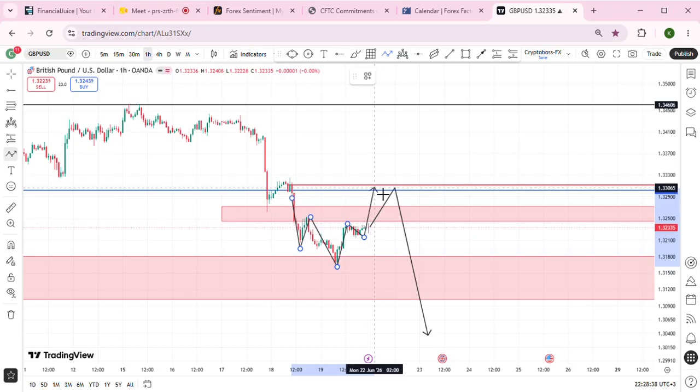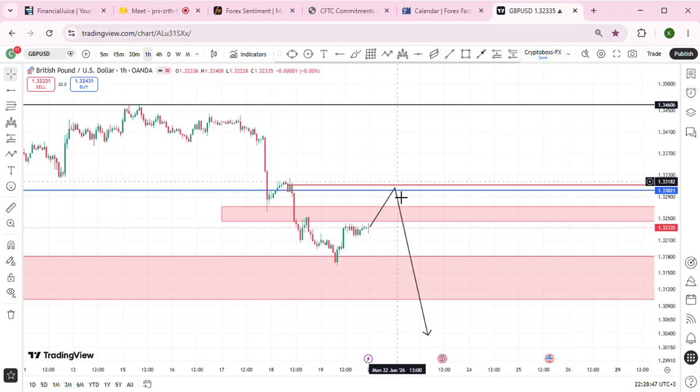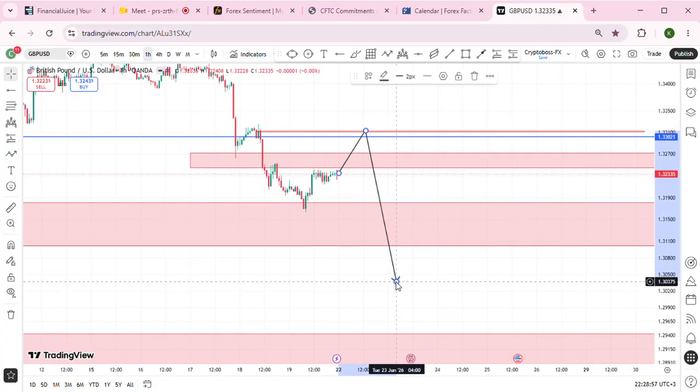So I expect this market to come up here, then we can look forward for sales. So market open, I expect the market to buy. This is GBPUSD. I expect the market to go up there, and then we can look for long-term sales.